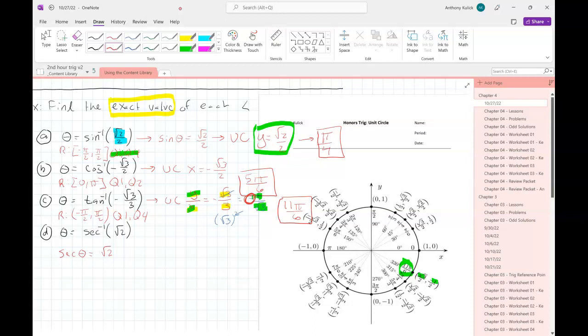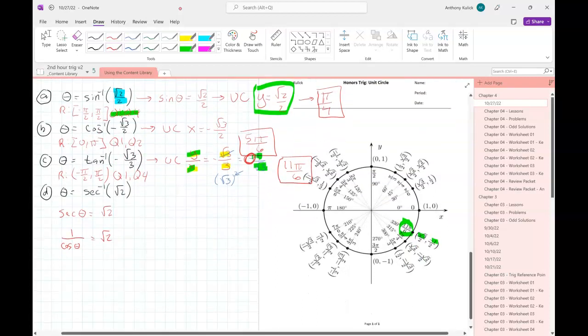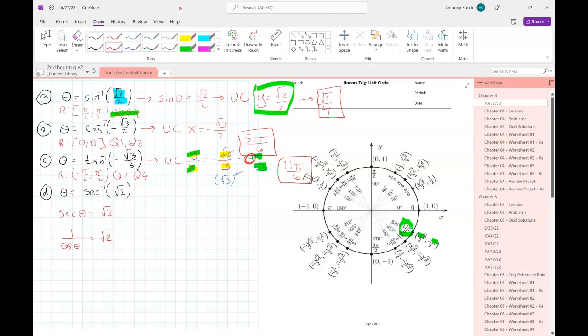And Nathan pointed out that secant is one of our reciprocal functions. It's the reciprocal of which function? Cosine. So I know secant theta is the same thing as 1 over cosine theta. Everybody's okay with that? And that's an equation. So I can do things to both sides of this equation, like, for example, take the reciprocal of both sides.